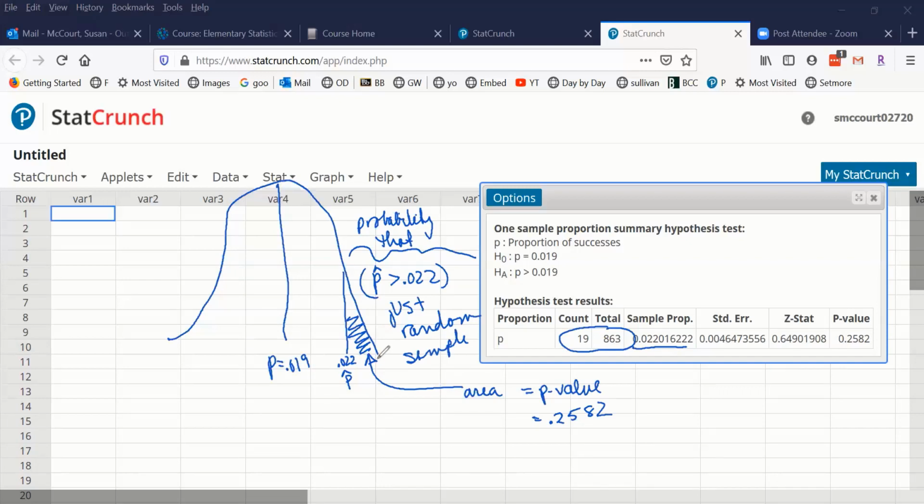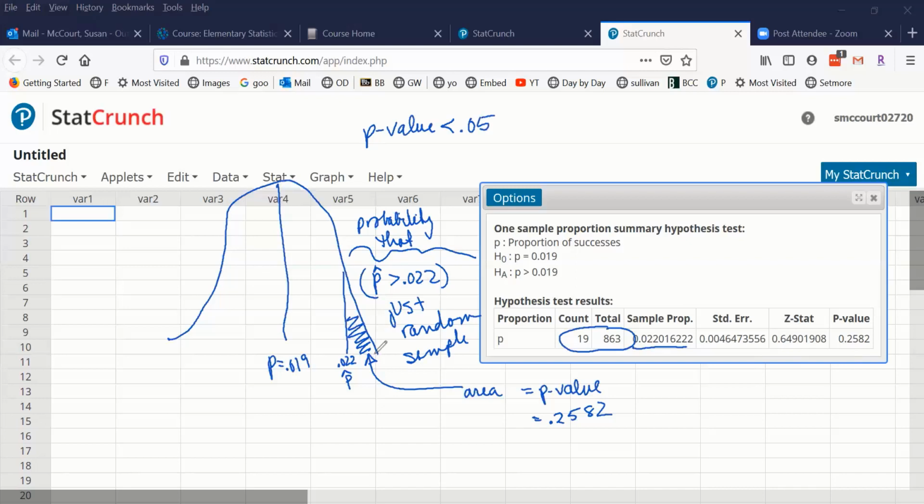So it's not that high. A quarter of the time it'll just happen. So we're looking for that p-value to be less than 5%, which means it's really unusual.